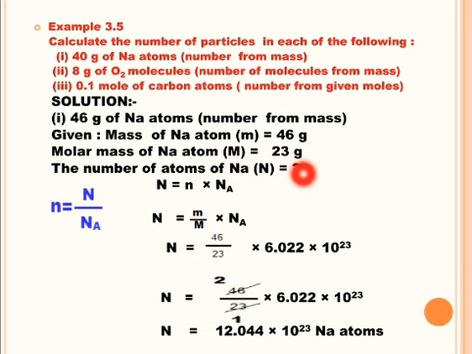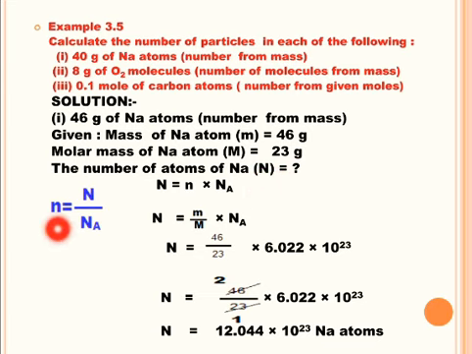It is equal to 23 grams. As we know that atomic mass of sodium is 23 u, so gram atomic mass or molar mass of sodium atom, that is capital M, is also 23 grams. Now what is to be calculated in this numerical? The number of atoms of sodium, that is capital N.